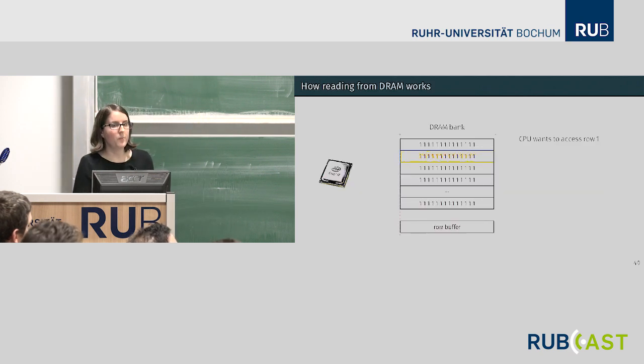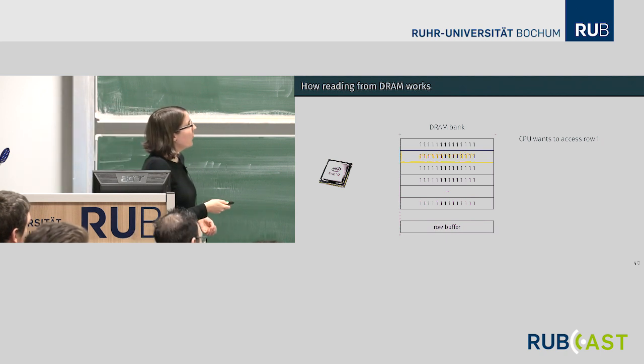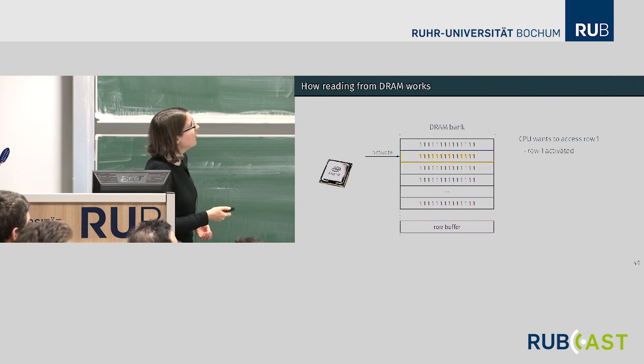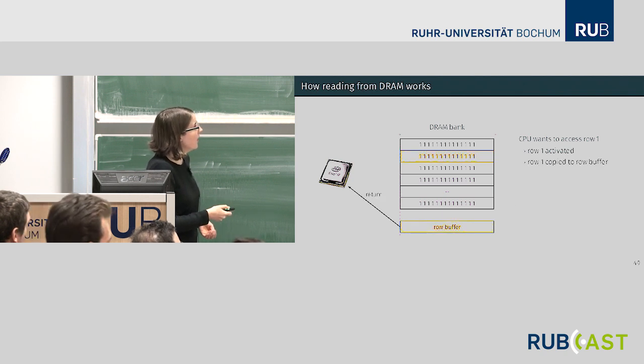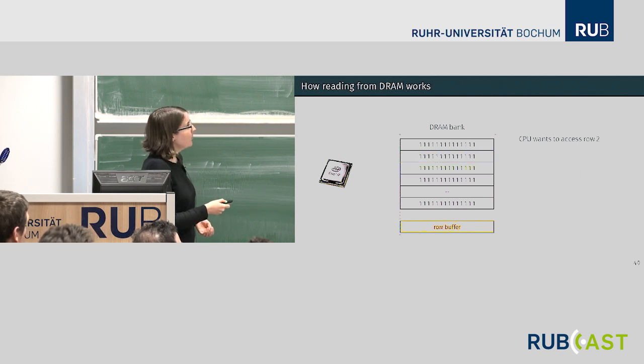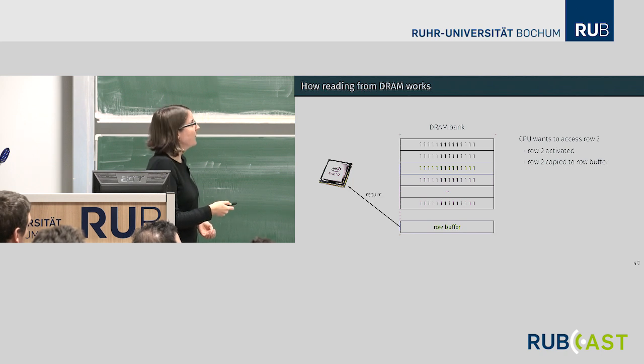So how reading from DRAM works. So here the CPU wants to access row 1. So this is the row in orange. So row 1 will be activated, then copied to the row buffer, and then returned to the CPU. Now, if the CPU wants to access row 2, it needs to activate row 2, and then it needs to replace what was in the row buffer to be then returned.